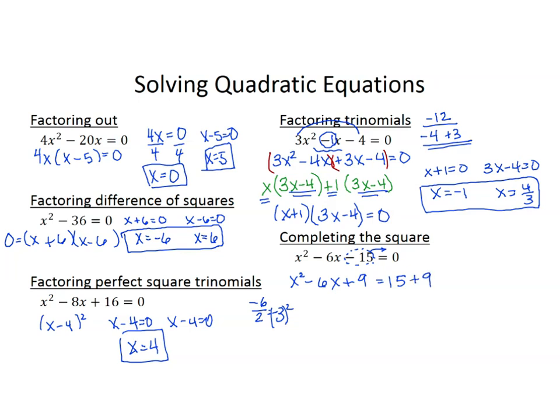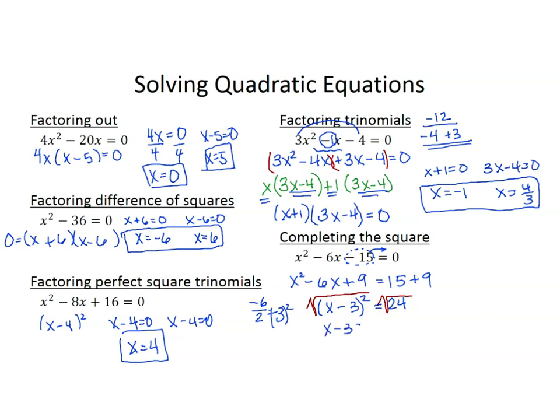But I can't just do it to one side, I have to do it to both, so I add 9 on the other side. On the left, I can rewrite as my squared binomial. On the right, I've got to combine like terms, and I get 24. So I'm at the step now where I have to take the square root of both sides, because that's the only way I'm going to get rid of that binomial being squared.